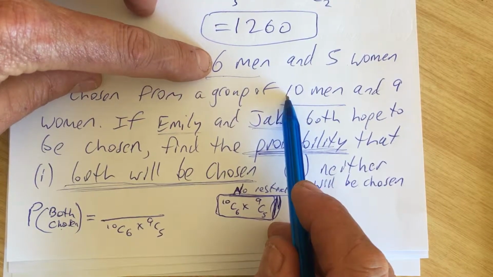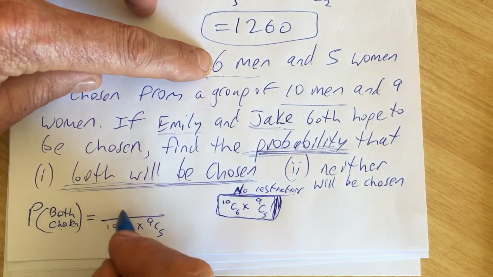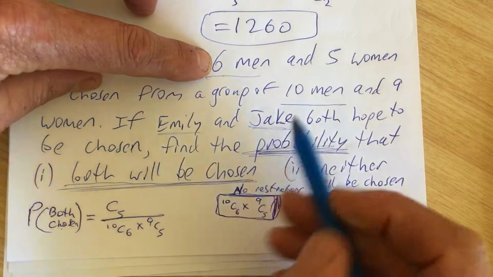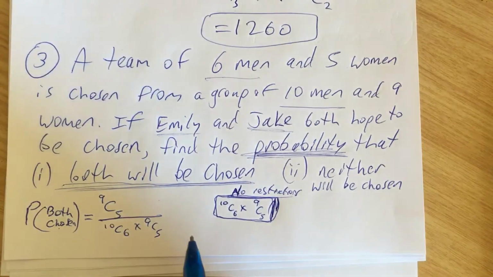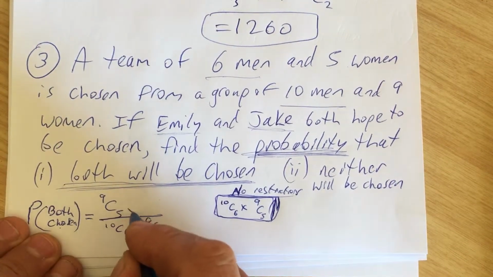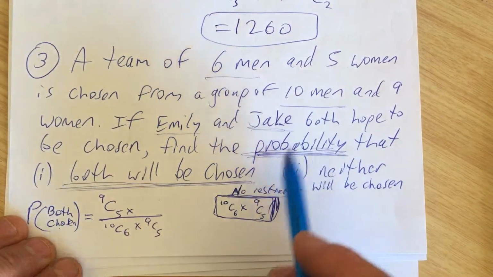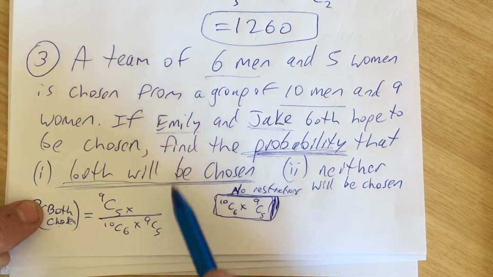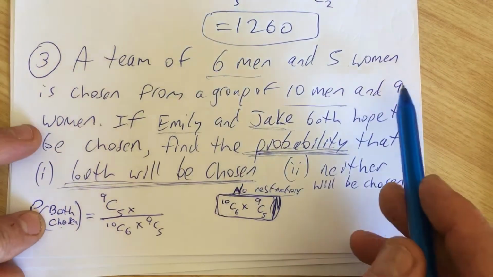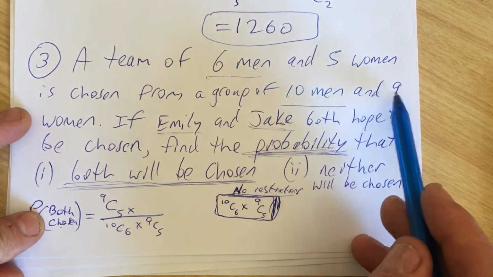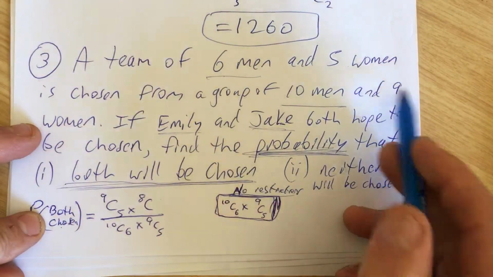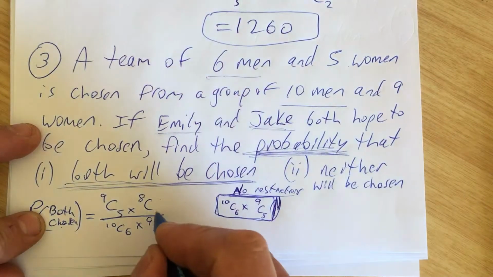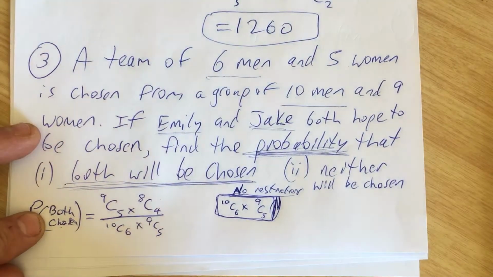So we're actually choosing 5 men from 9 men. And what about the women? We're going to say that Emily is already in. So from 8 women, not 9, you're going to choose 4 because one person's already in there.